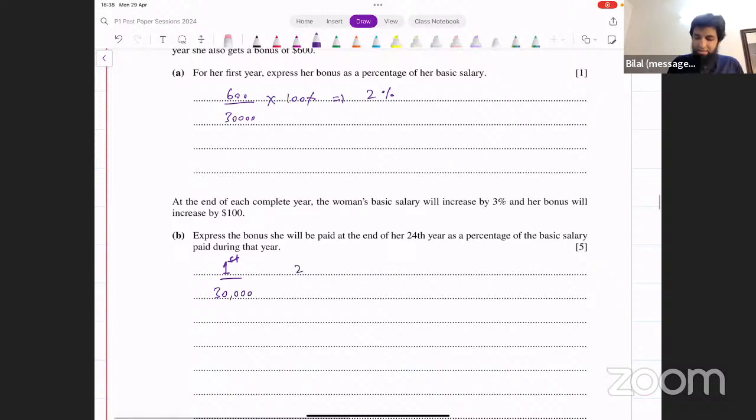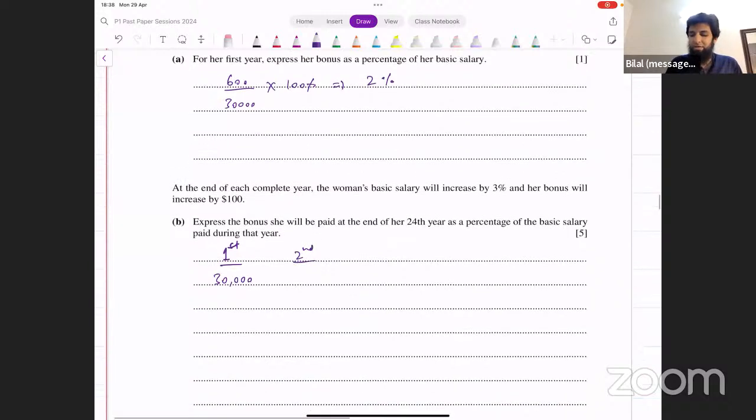And then in the second year, what is that going to be? It's increasing by 3%. So basically, from 100%, you're going to 103%. What's the ratio? The ratio is going to be 1.03.